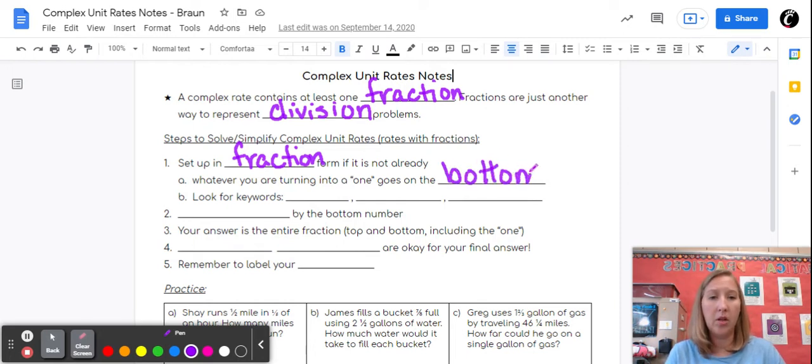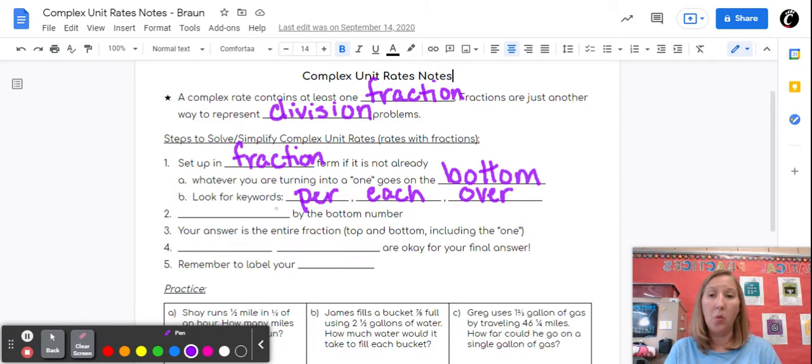So whichever unit we want to figure out for 1 goes on the bottom. And then when we're doing that, we want to look for some keywords. Words like we said yesterday, like per, or each, or over. Those are words that are going to tell us which unit is going to go on the bottom.